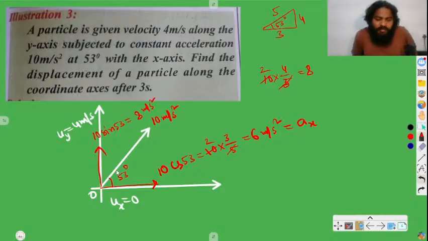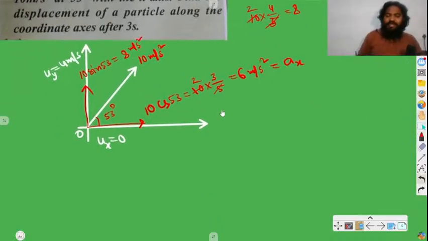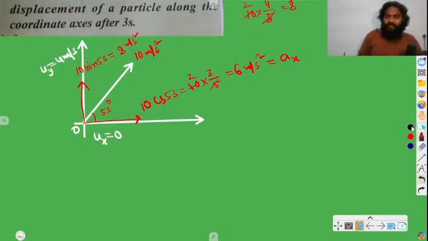Okay? So now here what it is saying is find the displacement of the particle along the coordinate axes after 3 seconds. Now they are asking displacement, right? After 3 seconds, s is equal to ut plus half at square. So displacement along the x-axis is equal to uxt plus half axt square.